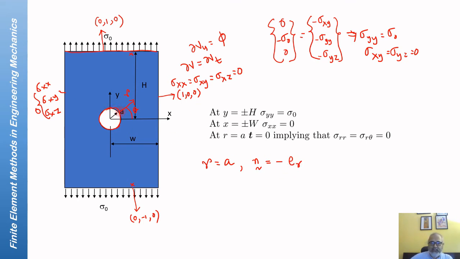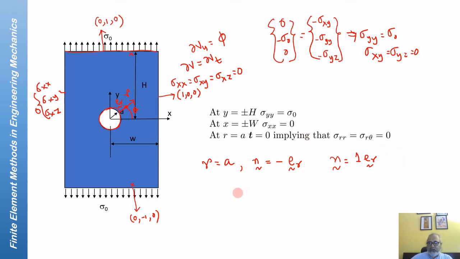So er is the unit vector along r, and the normal is along the minus er direction. The other components of the normal are zero. So therefore, you can write the normal as 1 times er, and the e theta and ez components of the normal are 0.